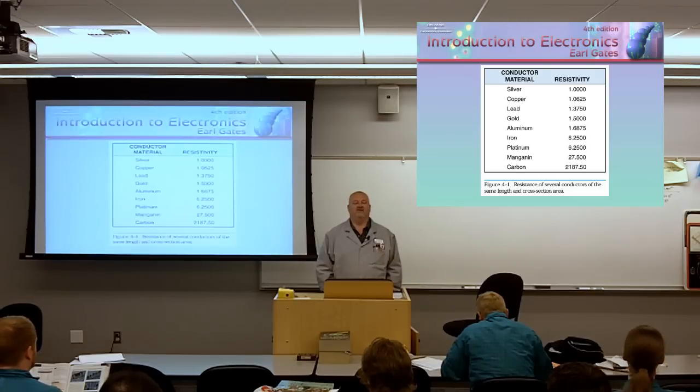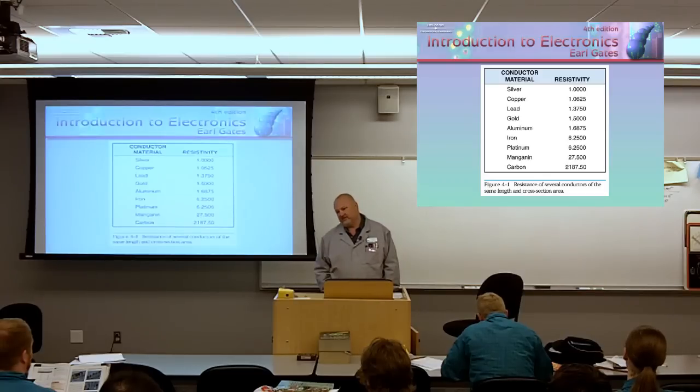And we say that it has a specific gravity of 1.000. In dealing with conductors, we use resistivity, which compares resistivity to the best known conductor that we have found in nature, which is silver.